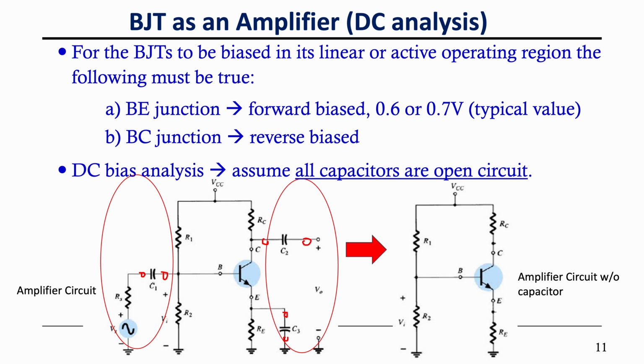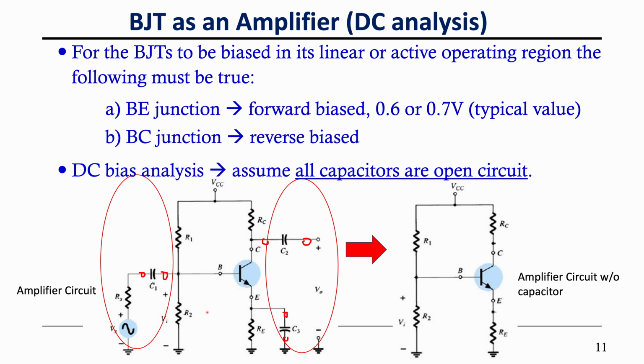For the DC analysis, there are two junctions that you need to consider. The BE junction, which is the base and emitter junction, and the BC junction, which is the base and collector junction.